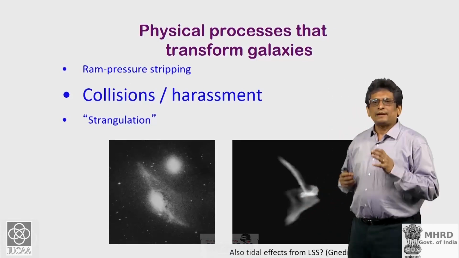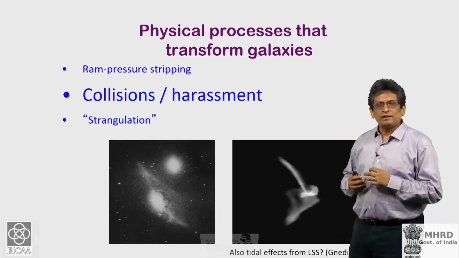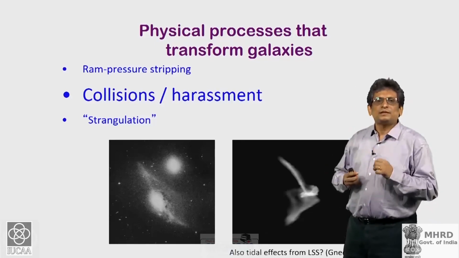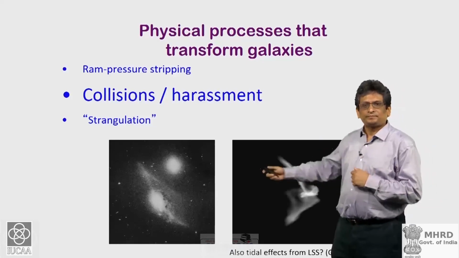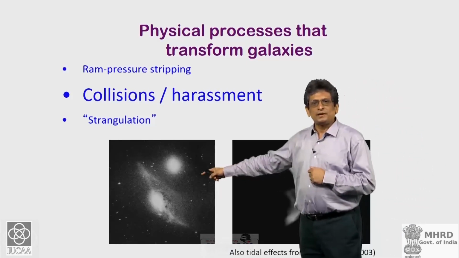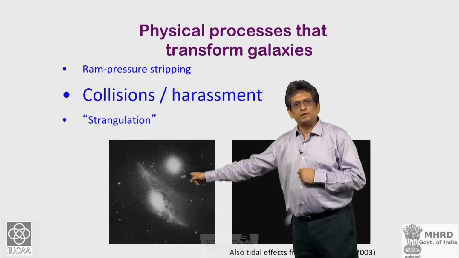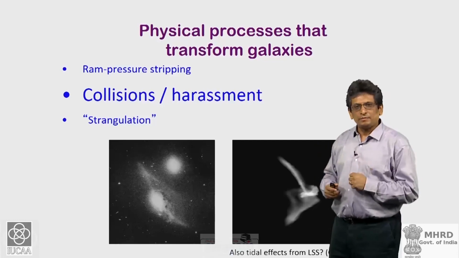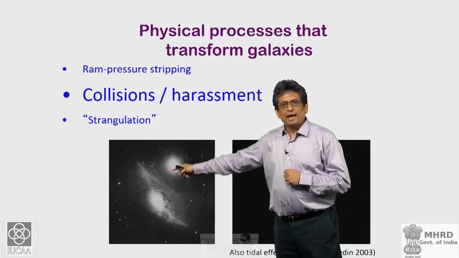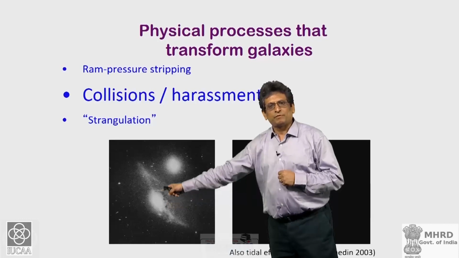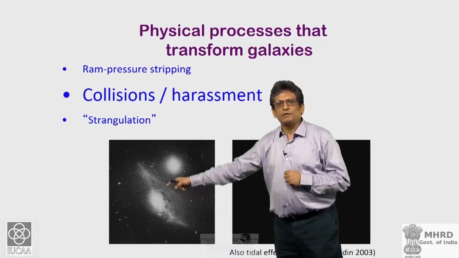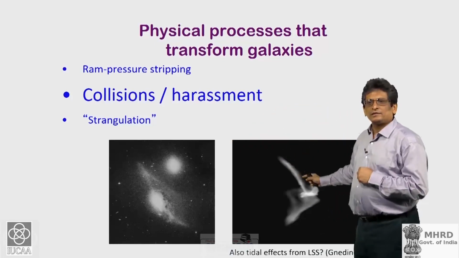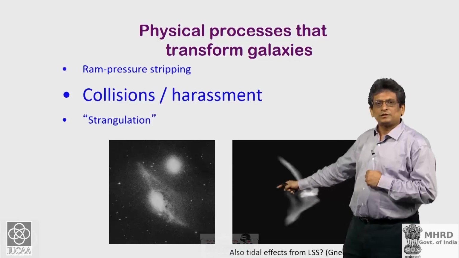We also can have this when galaxies interact very closely. Often we use anthropomorphic terms like collisions, harassment. Galaxies can harass each other, and in this case what is happening is that due to the close interaction between these two galaxies, which are not quite merging but interacting through tidal means, one galaxy can cause gas to escape from the other, and it can be pulled out of another galaxy in the form of streams. Here are some simulations that can show this to happen.